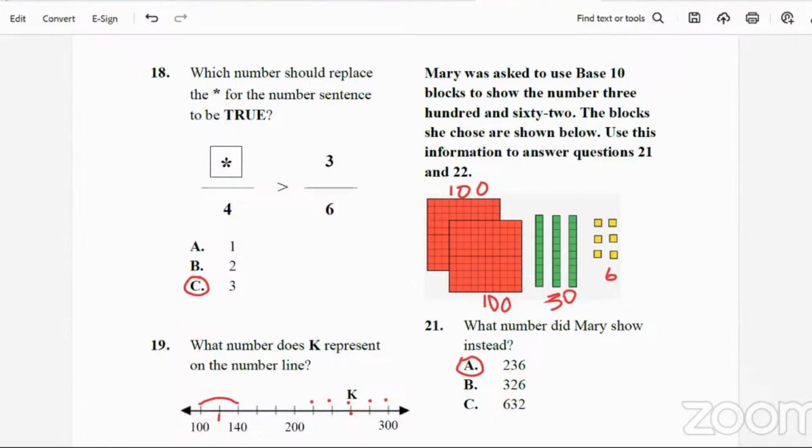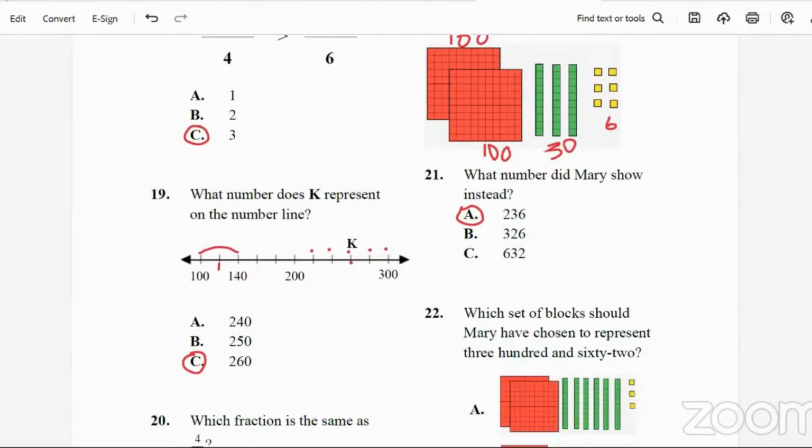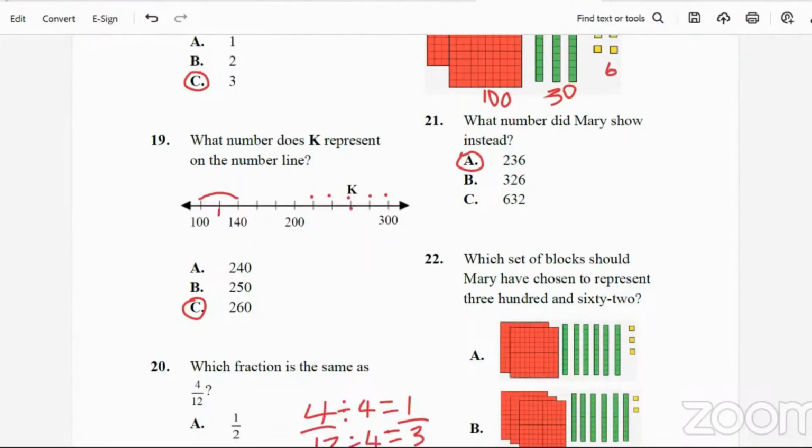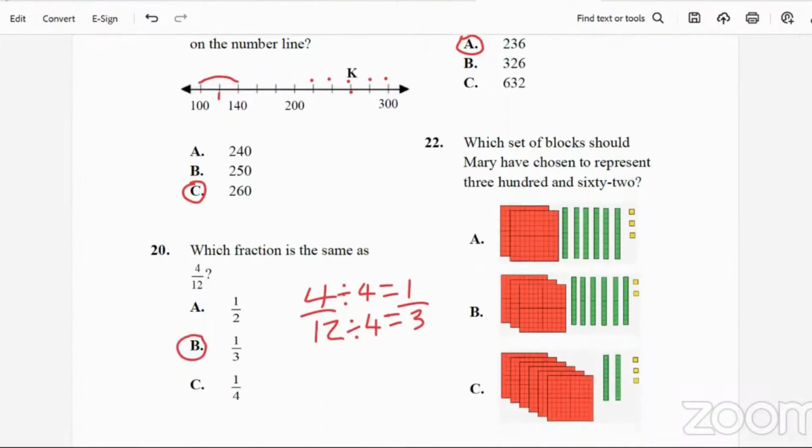All right, so let's get to question 22. It says, which set of blocks should Mary have chosen to represent 362? So let's look at the options. For 300, we would need 3 red blocks. Option A has 2.